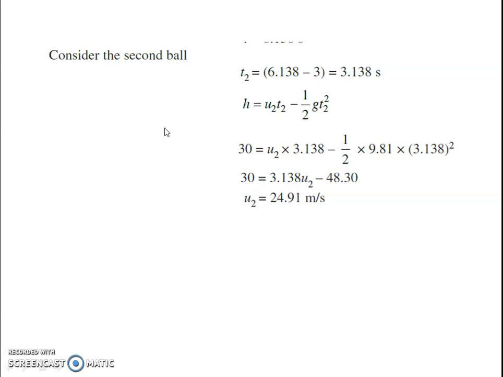So if both balls are reaching the given distance at the same time, then the time taken by the second ball will obviously be lesser than the time taken by the first ball. So we have to deduct that 3 second lag time. So we will get the time taken by ball 2 to reach the same height as 3.138 seconds. This is lesser than ball A.